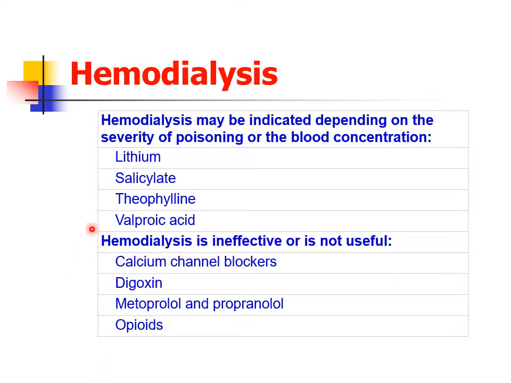Hemodialysis may be indicated depending on the severity of poisoning or the blood concentration for lithium, salicylate, theophylline, and valproic acid. These are examples. Hemodialysis is ineffective or not useful in calcium channel blocker poisoning or toxicity, digoxin, metoprolol, propranolol, and opioids.